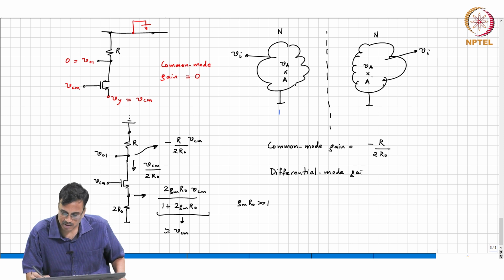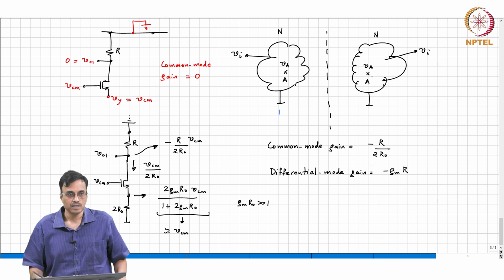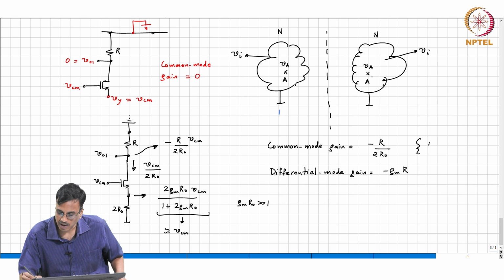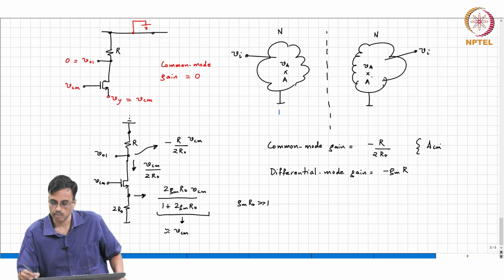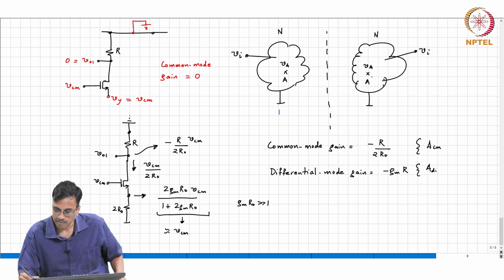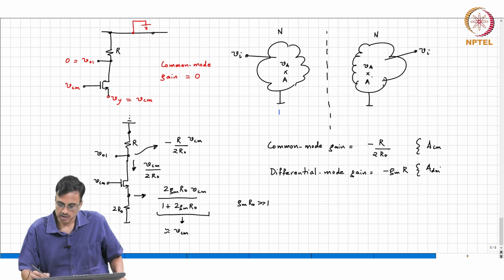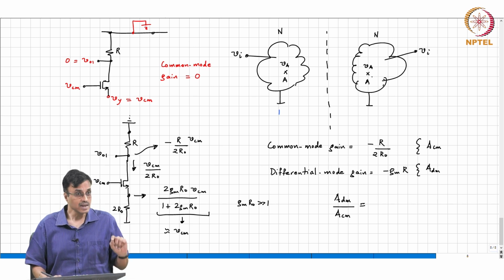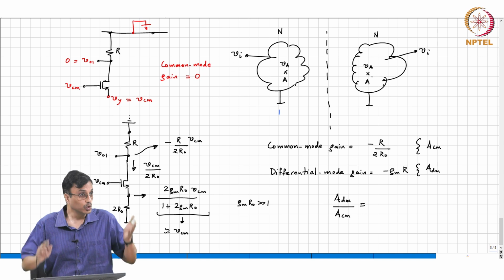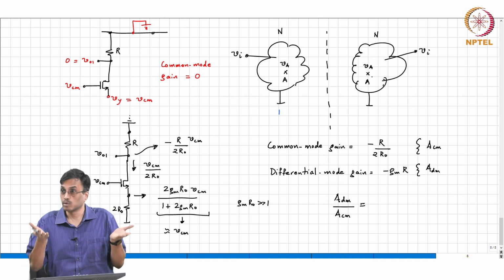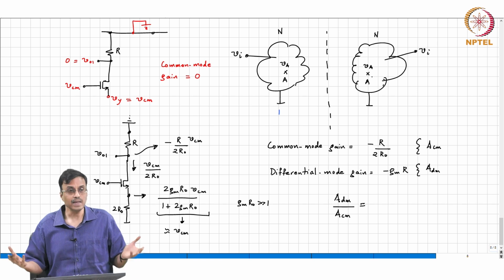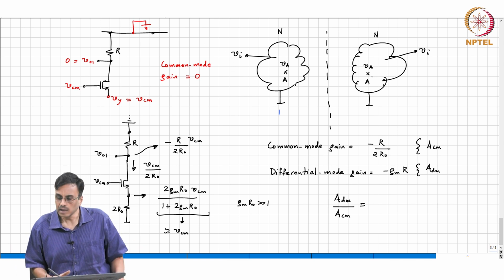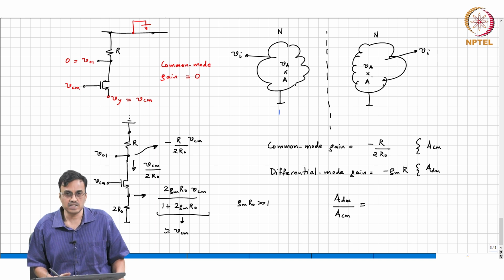The differential gain is minus gm R. This is often called ACM for common mode, and this is ADM for differential mode. So, the ratio of the differential mode gain to the common mode gain should ideally have been infinite. It should not have responded to common mode signals at all.